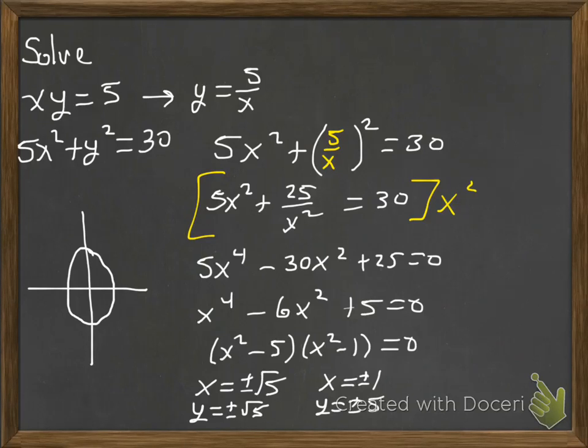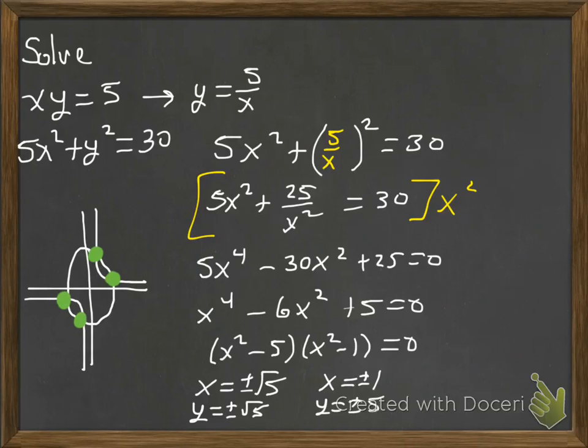Okay, and so there's our ellipse, also known as a New England Patriots football. And then we got the reciprocal function, and we'll draw that in. And what we found were the 4 places where those intersected.